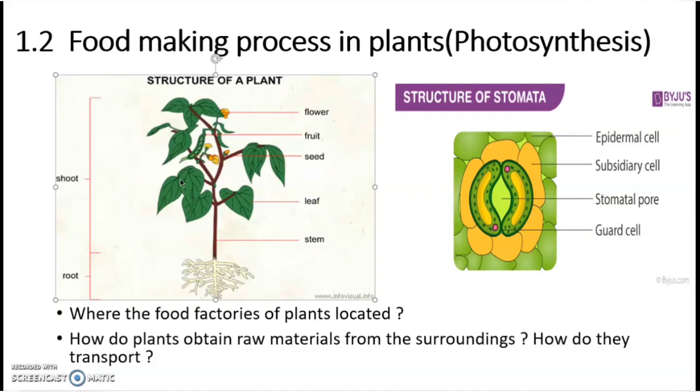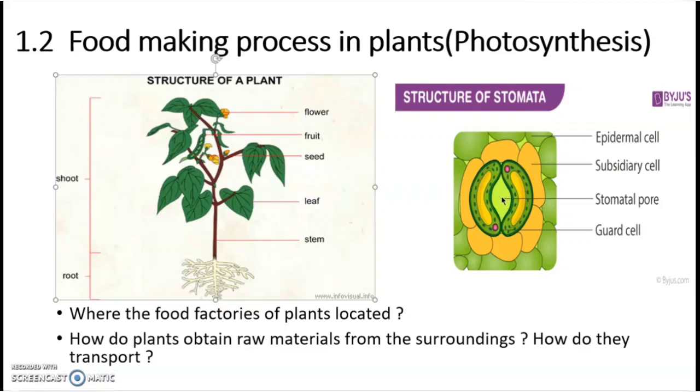The carbon dioxide is taken by leaves. The leaves have small pores on their epidermis. The tiny pores are known as stomata. This is the stomatal pore.